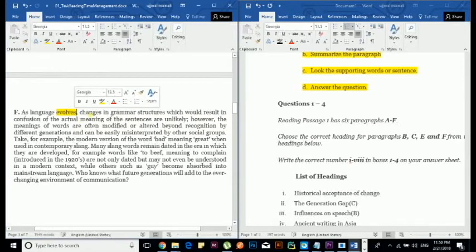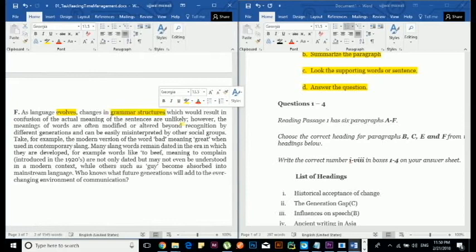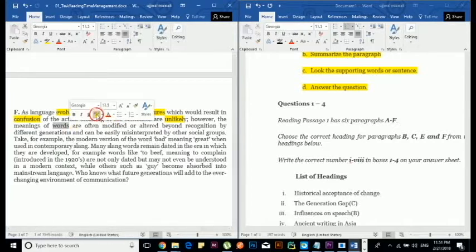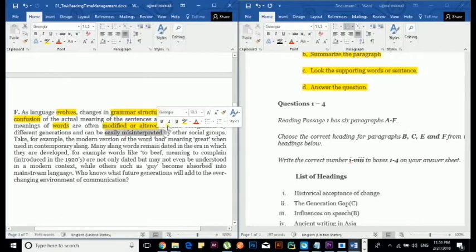So let's note language evolution, and then grammar structures, and then meaning of the sentence. Okay, it's not confusion, being unlikely, and words being modified or altered and being easily misinterpreted.